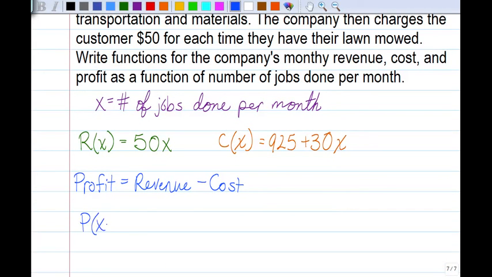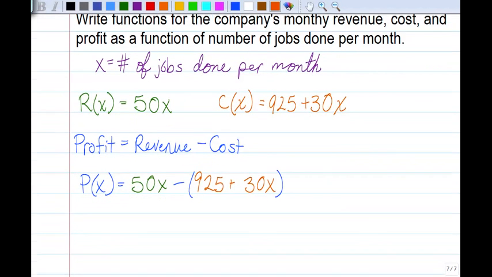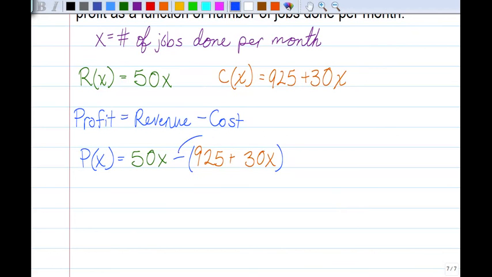So P of X equals 50x minus, and then let's put this in parentheses so that we make sure that we know that we're subtracting that whole thing, 925 plus 30x. All right, and then let's go ahead and simplify that by distributing the negative throughout the parentheses.